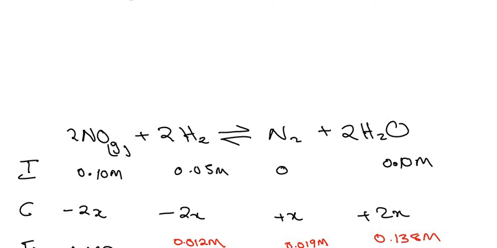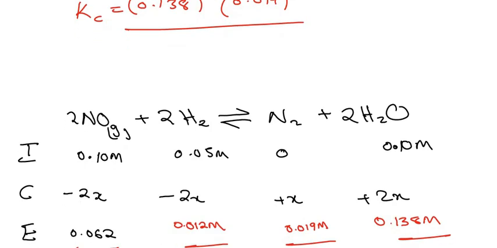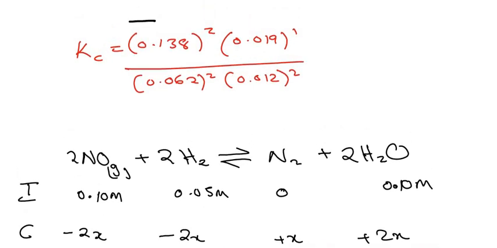So the expression for Kc is going to be water, the concentration is 0.138 raised to the power 2, because there's a 2, multiplying the nitrogen 0.019 to the power 1, then over the nitrogen monoxide, which is just 0.062 with a 2 there. Then you have the hydrogen, which is 0.012 again to the power 2. So when you punch the top part and punch the bottom part, the total answer there for the Kc has to be 653.